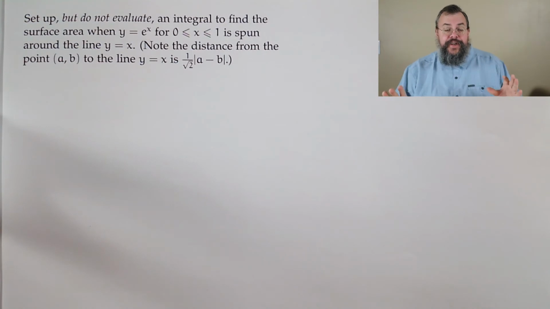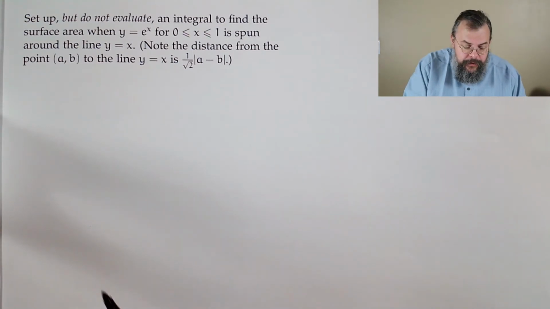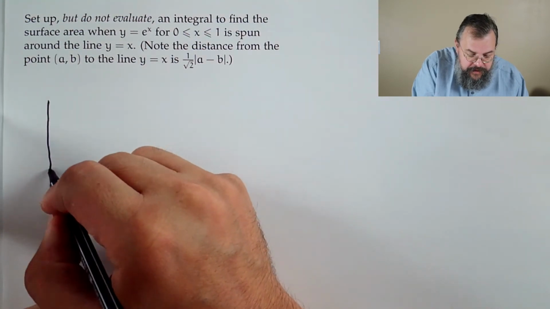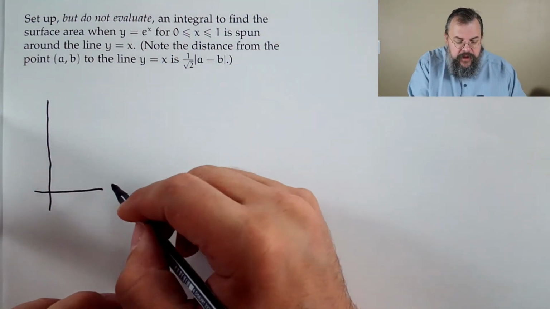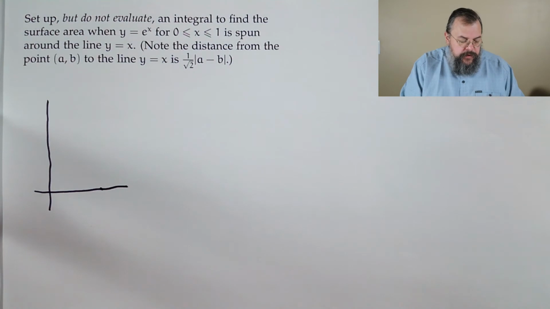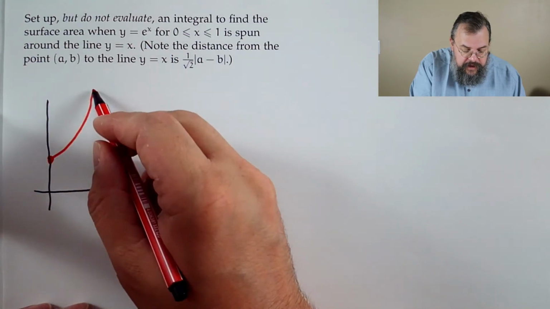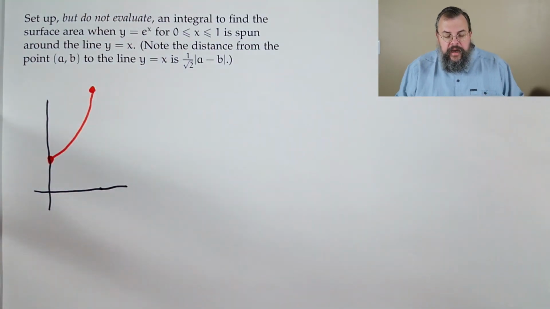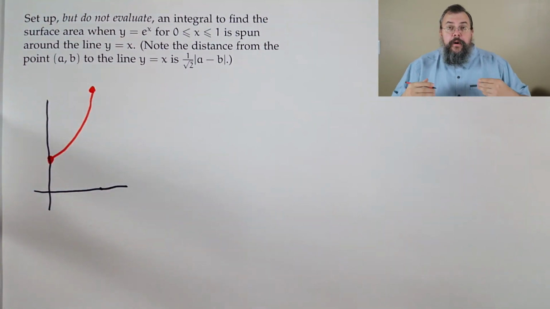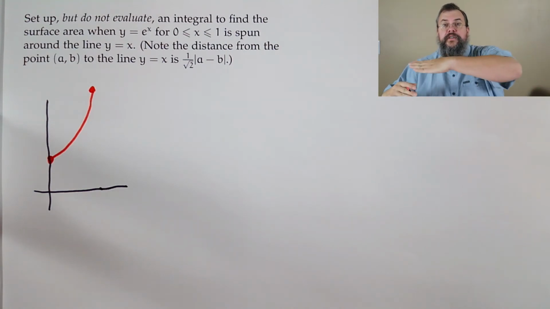Okay, let's get a picture here so we understand what this question is asking. So we have our curve, y equals e to the x. All right, well, that's not so bad. We're familiar with that. Okay, so here we go, e to the x, and we'll just say it does something like that. And now it says we're spinning, but we're not spinning around some horizontal line.